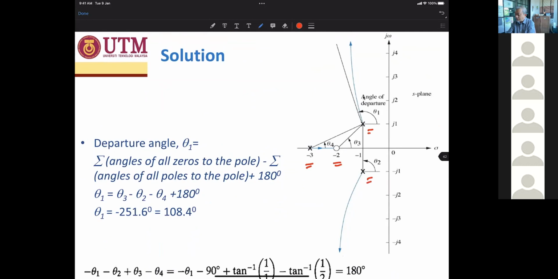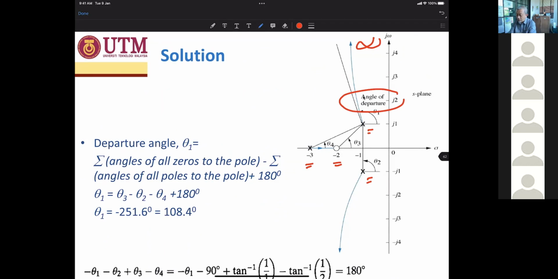So that is your angle of departure, theta 1. It wants to end at infinity. So theta 1 is the angle of departure, equal to the total angle of all zeros to the pole minus the total angle of the poles to the pole plus 180 degrees.